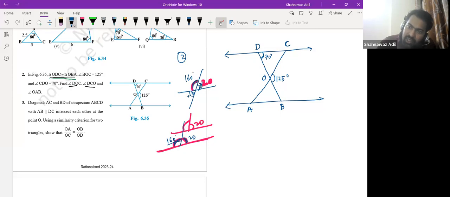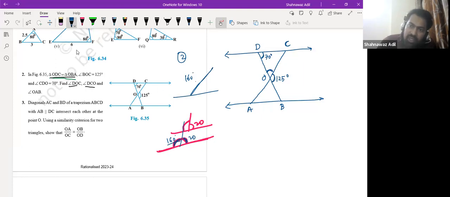But this one and this one, they are linear pair. Clear? Okay. So this one and this one, what are they? On this line, they are linear pair. So this is 125.